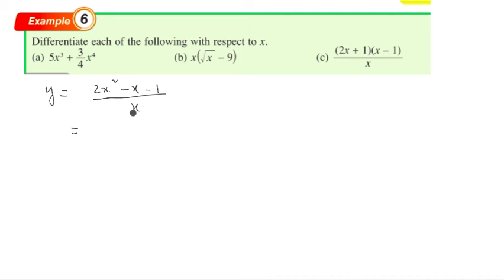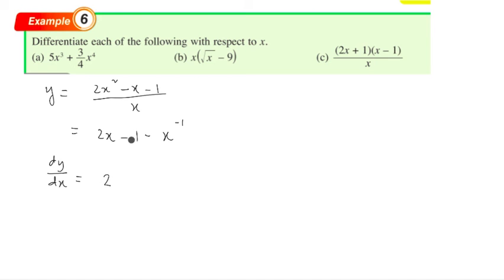And the denominator x can divide every term of the numerator. So divide: 2x squared minus x over x, minus 1 minus 1 over x. 1 over x means power negative 1. Okay, so now finished already means the terms are easier for us to differentiate, then only I can start to differentiate. Whenever 2x you differentiate, you get 2.